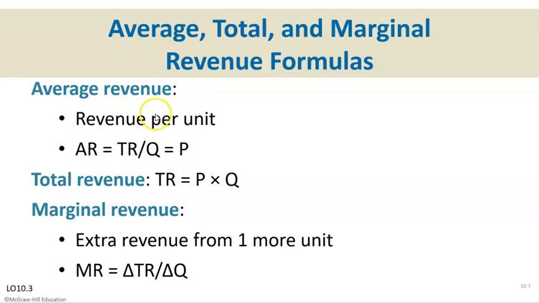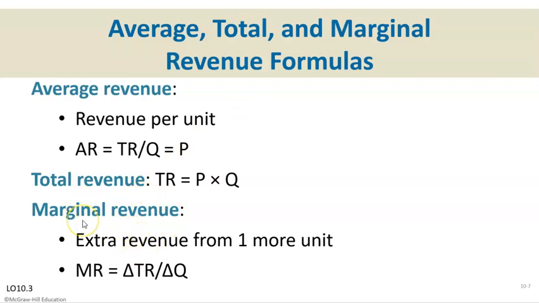We can also look at the average revenue, which would be the total revenue divided by how many that they sell. So average revenue actually will always equal price. We'll see how this works when you do the calculations on the next slide. And the most important way that we look at revenue is marginal revenue.